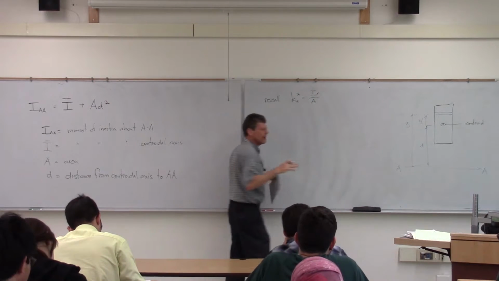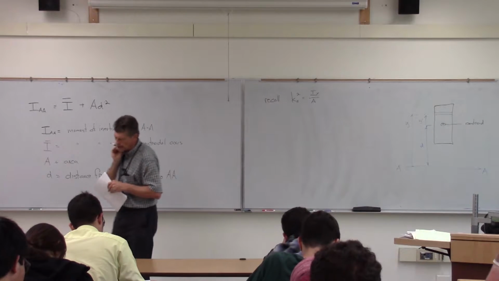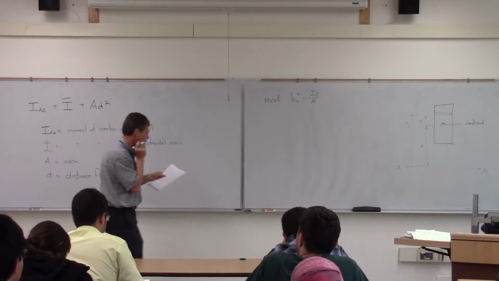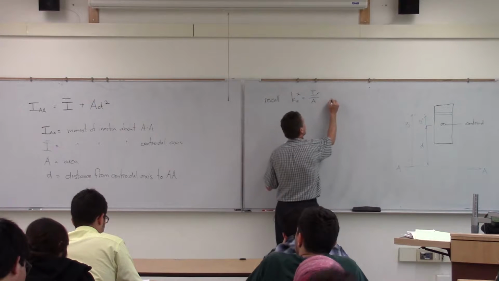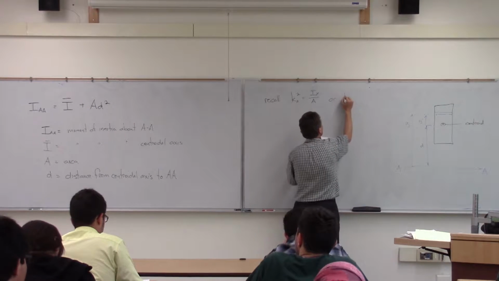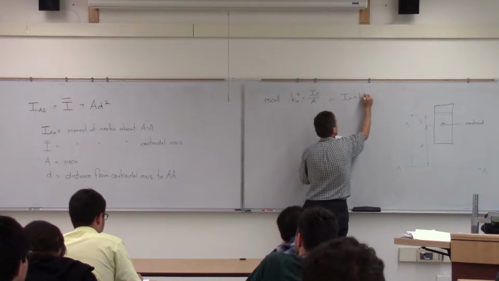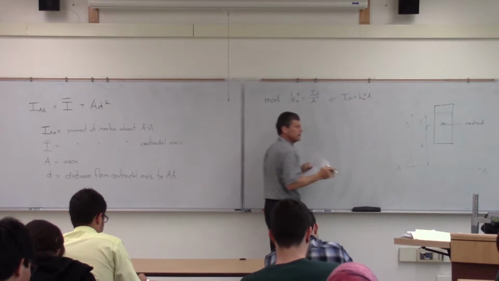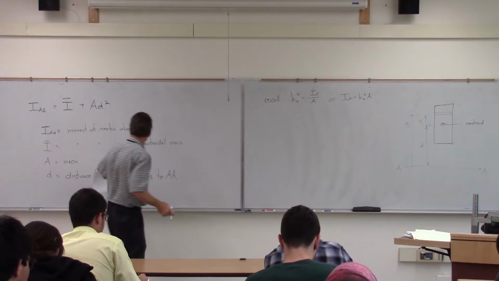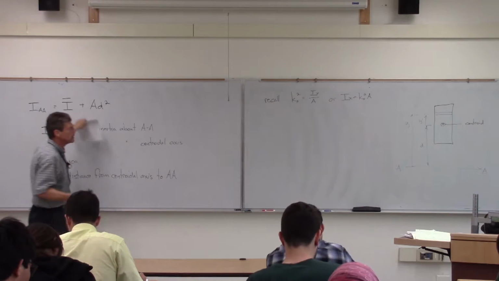And again, we talked about, remember, those radius of gyration, basically. Again, the steel folks like to use that a lot. So what we can do is just simply rewrite that and then substitute it into this formula here.